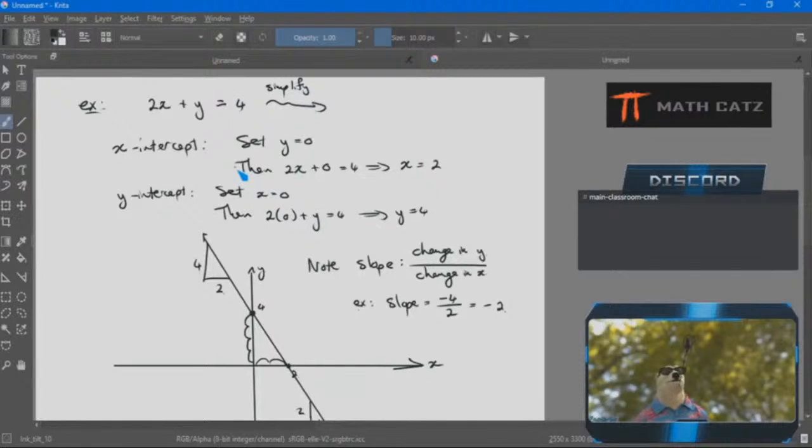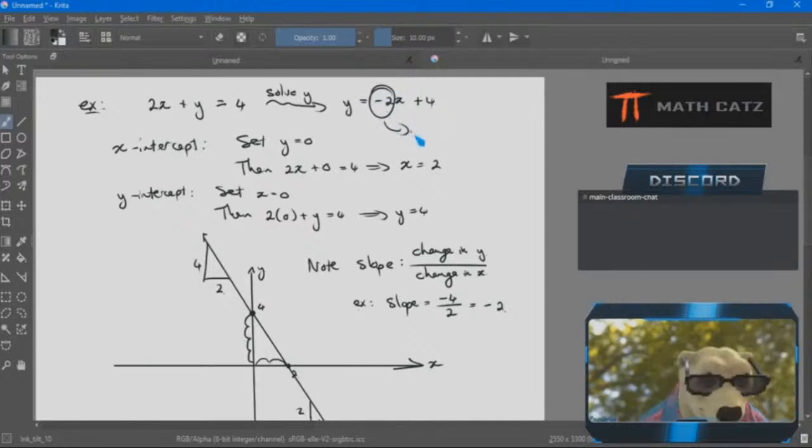Oh, it is already pretty simple. What I mean by simplify is when I solve for y in this general form, I'm going to get y equal to negative 2x plus 4. And that number in front of the x is the slope. It's always going to be the slope.